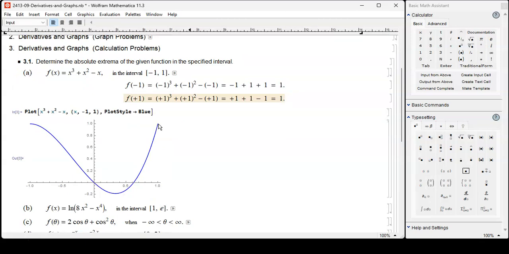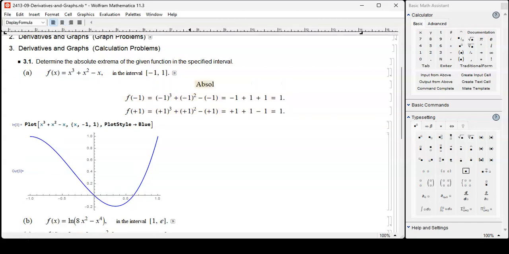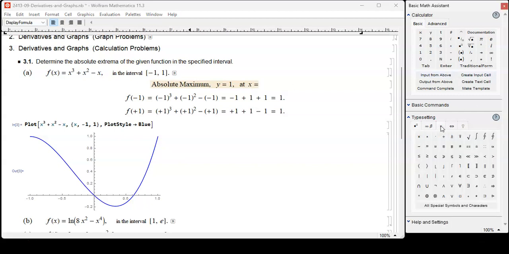So we have absolute maximum 1 at x equals -1 and x equals +1.